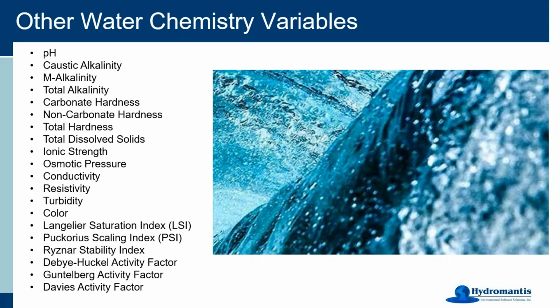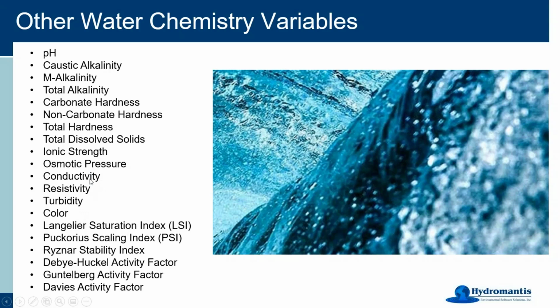As water engineers, we are more interested in some of the other things that we can actually measure in the system. So, for example, pH, different types of alkalinities, different types of hardness, and total dissolved solids, ionic strength, and osmotic pressure, which is really important when we are doing RO treatment. So those kinds of calculations are built in, as well as conductivity, resistivity, turbidity, and color.